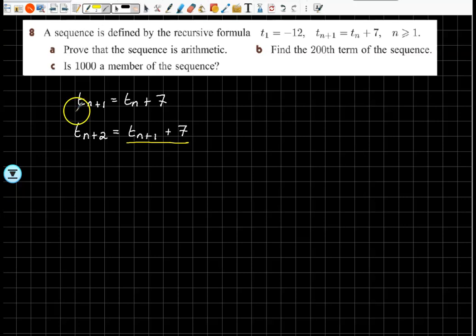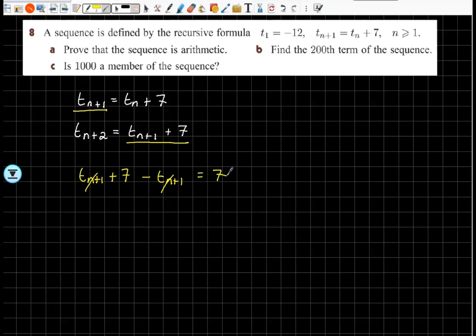This is technically the previous term. Would you agree? The difference: you could say Tn plus 2 take the previous term, which is Tn plus 1, and we get that difference of 7. It's a bit tricky, so don't worry too much if you can't.